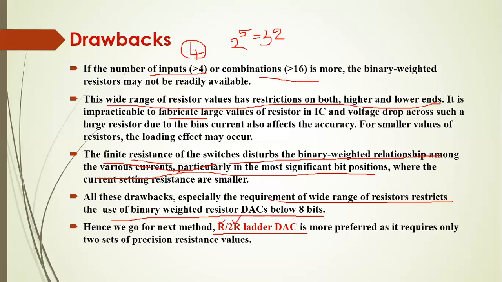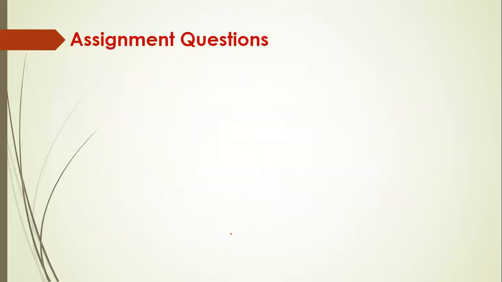Whatever may be the bit positions or the number of bit combinations, we will be using only 2 values of resistances, that is R and 2R. Hence, this is more preferred when compared to the binary weighted resistor method. So these are the drawbacks in this current method.